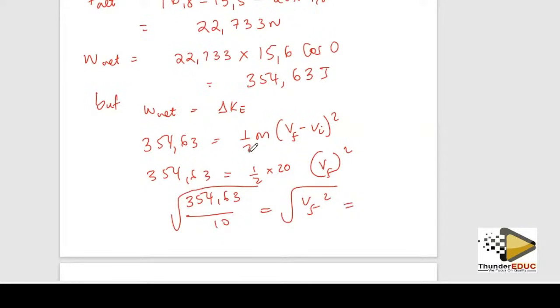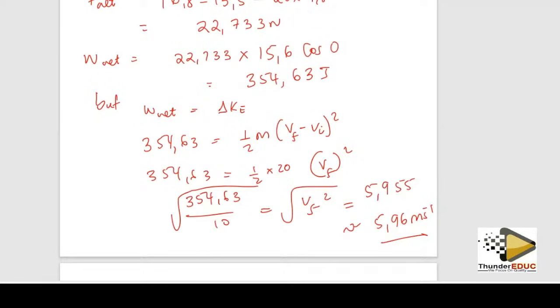So the square root of 35.463 is giving me 5.955, which is approximately 5.96 meters per second. Okay, so guys, that's what we have.